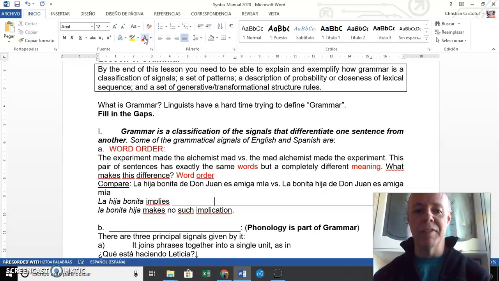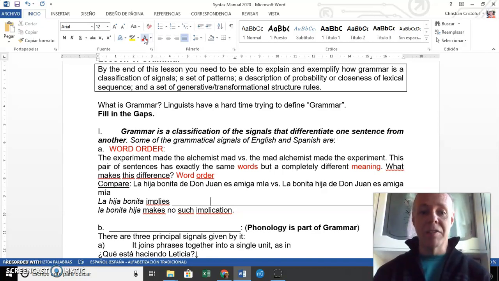What about Spanish? If we say, la hija bonita de Don Juan es amiga mía versus la bonita hija de Don Juan es amiga mía, do you think there is a difference? You are wrong. There is a difference.